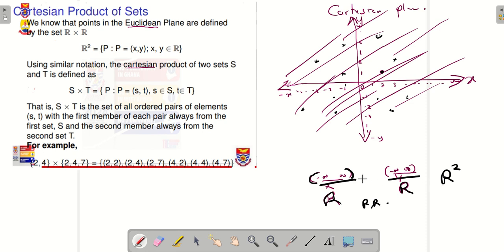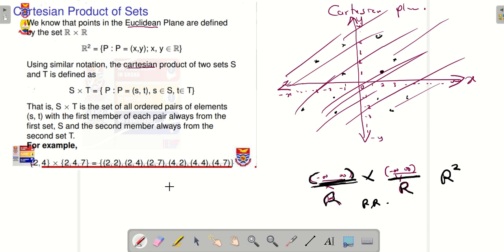So it means that the Cartesian product of this set and this set is the total number of different ordered points that the elements in the x-axis paired with the elements in the y-axis can generate.